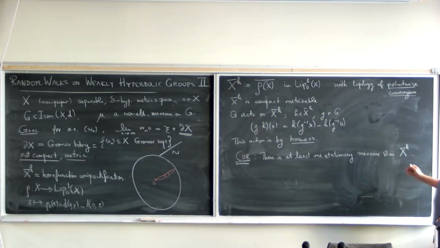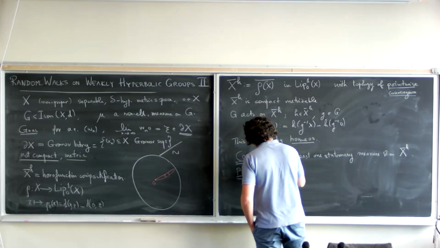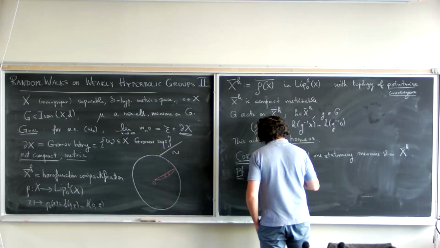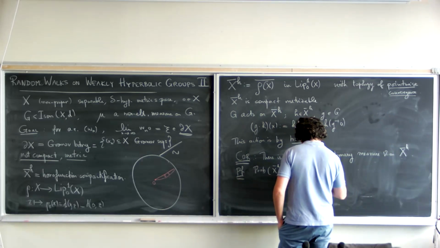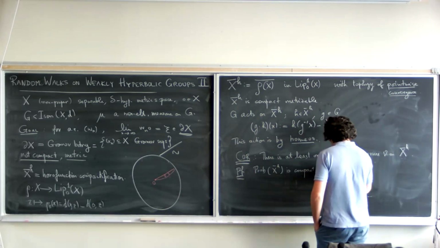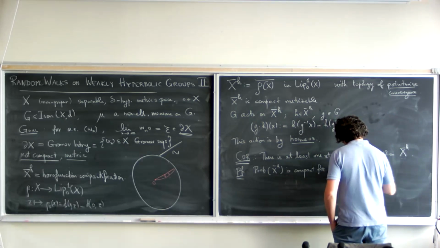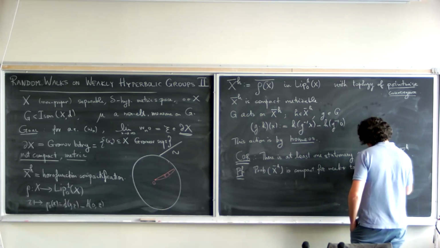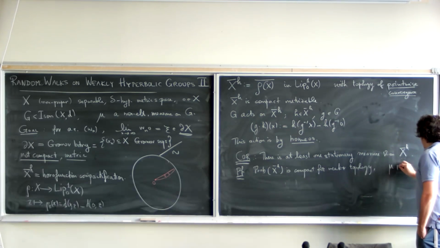And the reason is simply the compactness of this. The proof is, again, that the space of probability measures on this compact space is also compact for the weak star topology, and in particular, you want to solve the equation mu star nu equals nu.